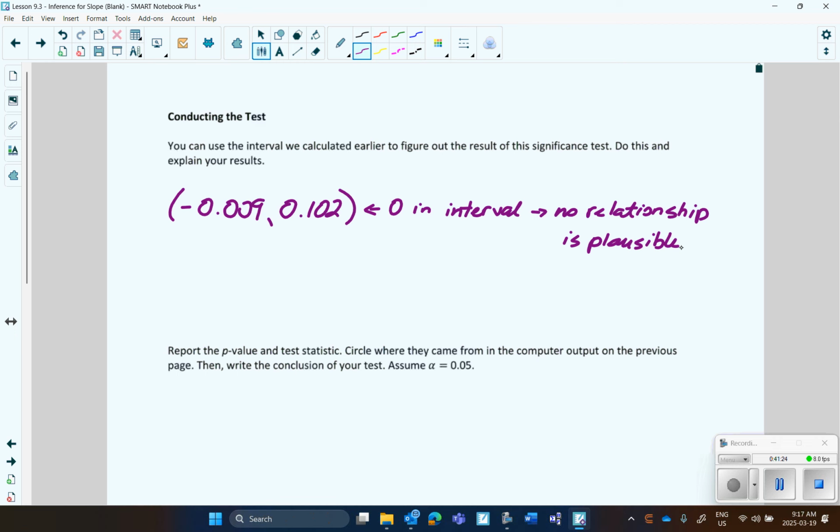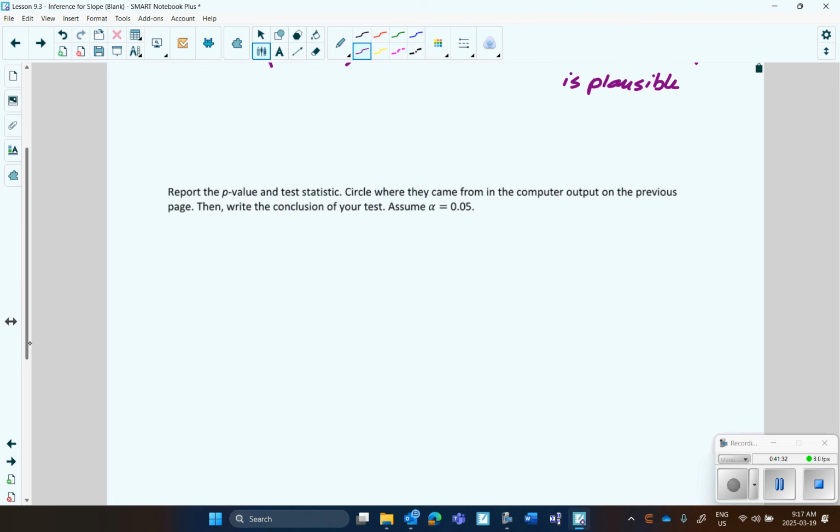But like I said, because we're doing a hypothesis test, we want to focus on the p-value. Don't worry too much about the test statistic. Focus on the p-value.